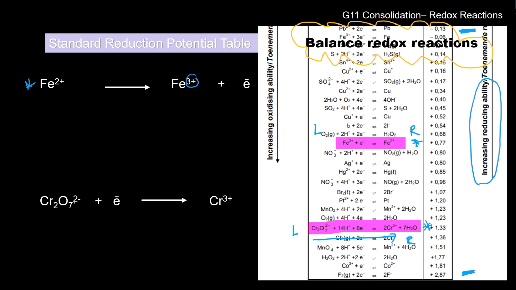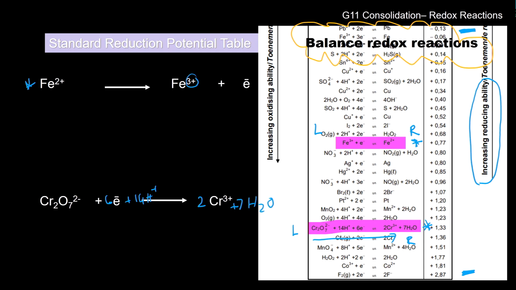It's the dichromate ion. Now I need to add in here 6 electrons, and I also need to add in here 14 H plus ions. Then I need to add in the 2 and plus 7 H2O, water.